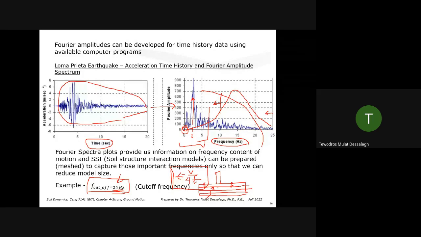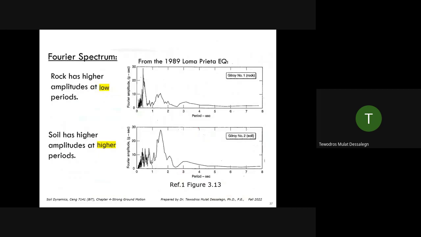So the number of finite elements increases as you increase the cutoff frequency. So the solution is going to take a lot of time, or you need advanced machines to do that. So that's the advantage. When you do SSI, you're going to determine your cutoff frequency to determine the thickness of your soil layers, or the mesh in the soil layer for your model. That's one application.